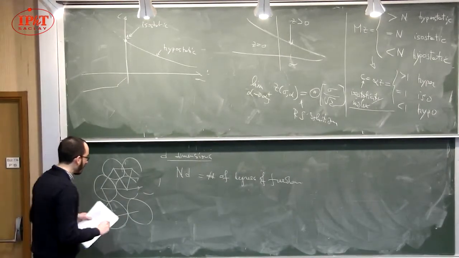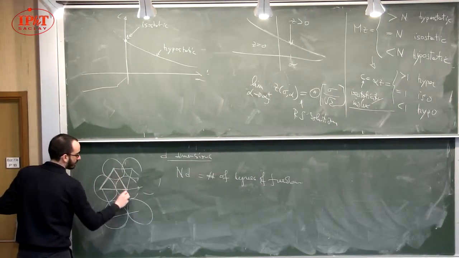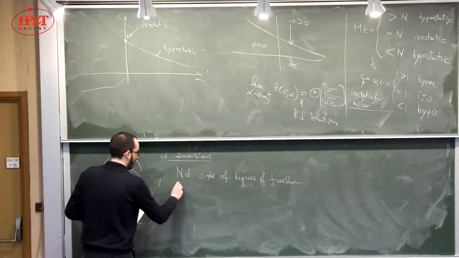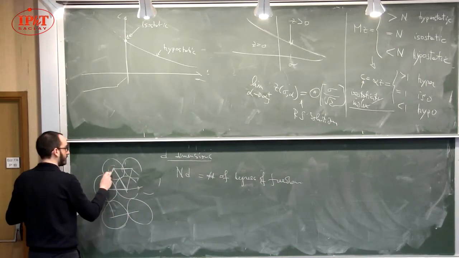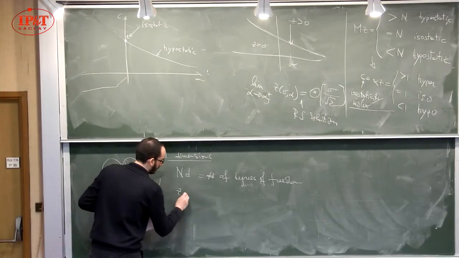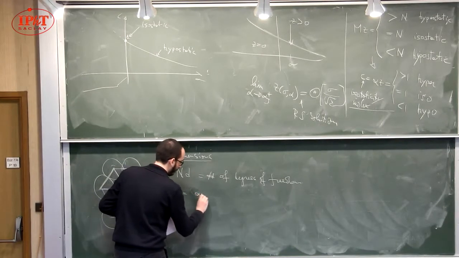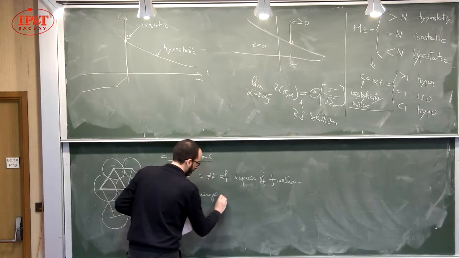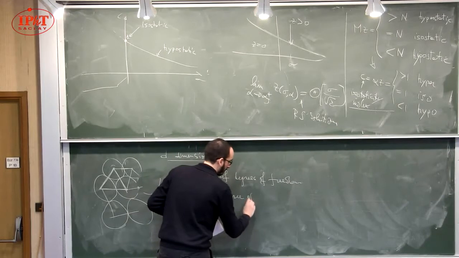And now the total number of constraints, so the total number of contacts that I have, is, so let me call z the degree, the average degree of the contact network.